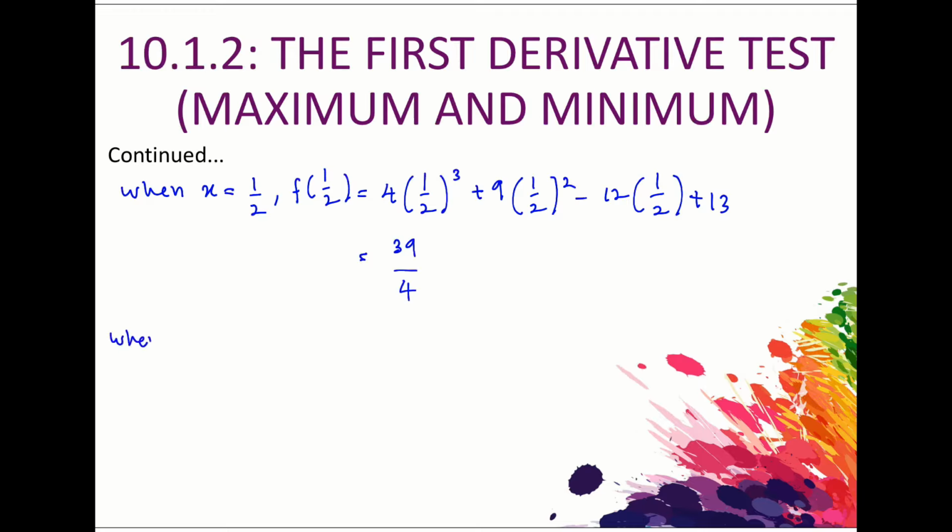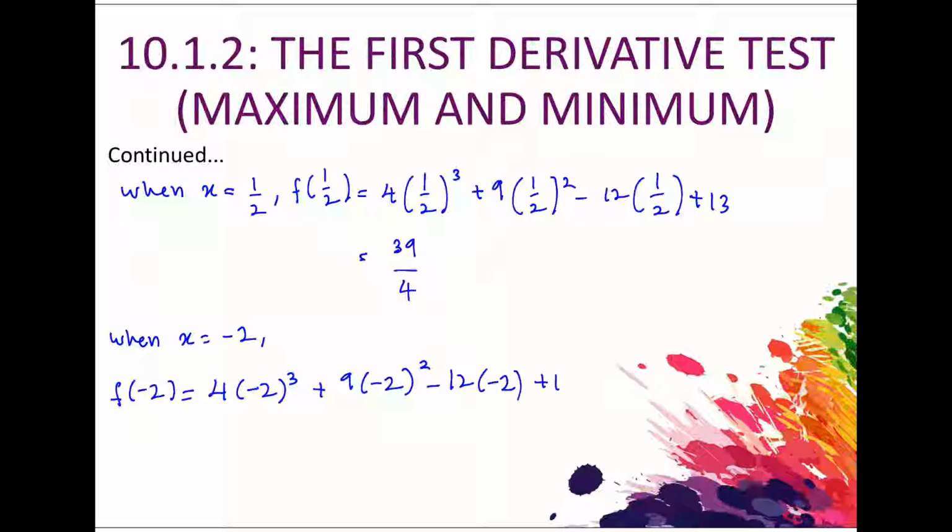And then when x is equal to negative 2, f(-2) is equal to 4 times negative 2 cubed plus 9 times negative 2 squared minus 12 times negative 2 plus 13, which is equal to 41.